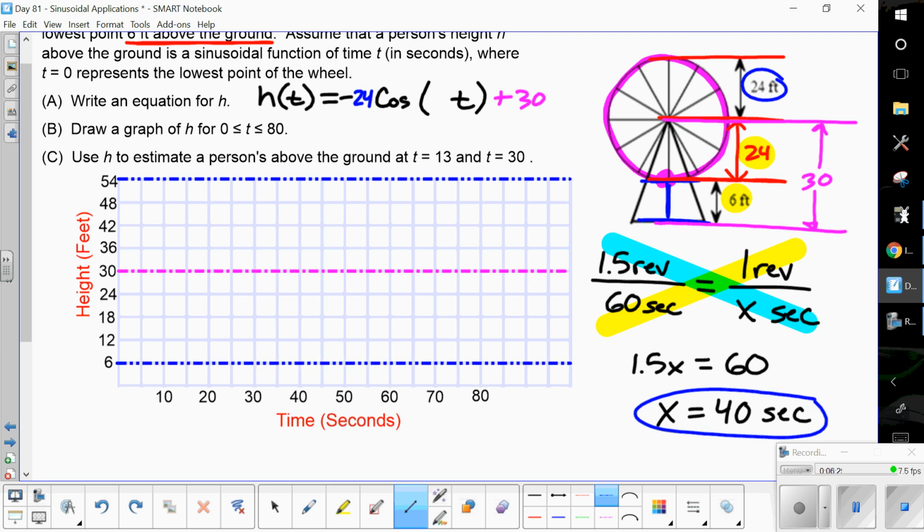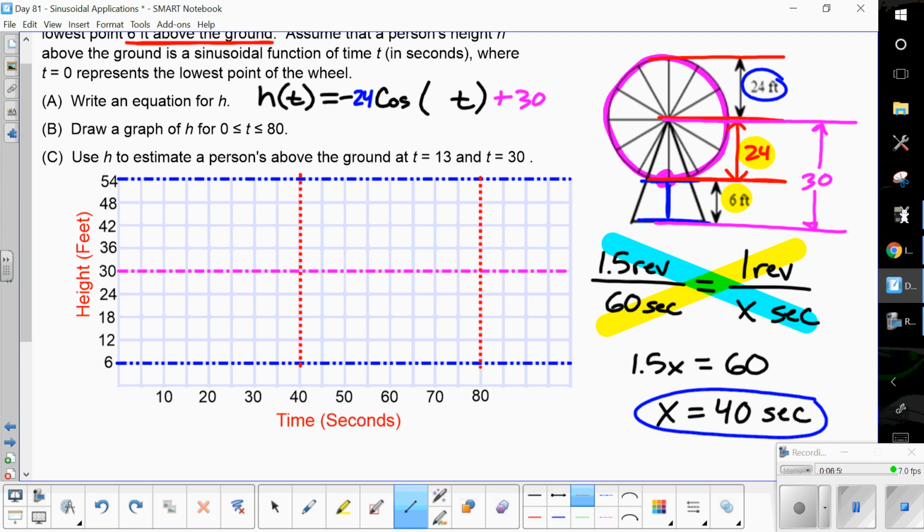And you'll notice I went in increments of 6 because it works out perfectly. And then last but not least, I need this thing to make 1 full rotation every 40 seconds. So I'm going to do a dashed vertical line here at 40 seconds. And then I'll do another one since I have room here at 80 seconds.